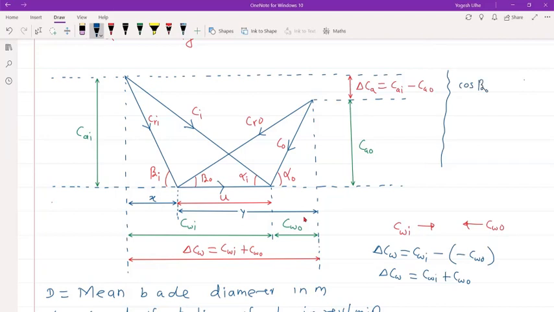Y by CRO. So Y is equal to what? CRO into cos of beta o.